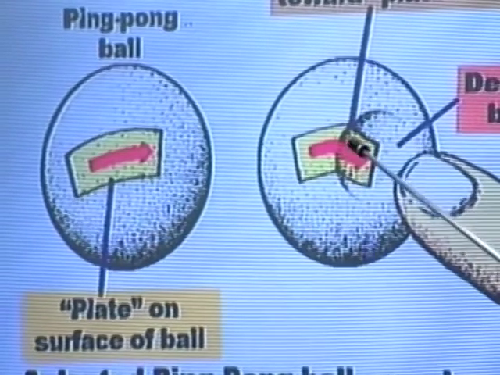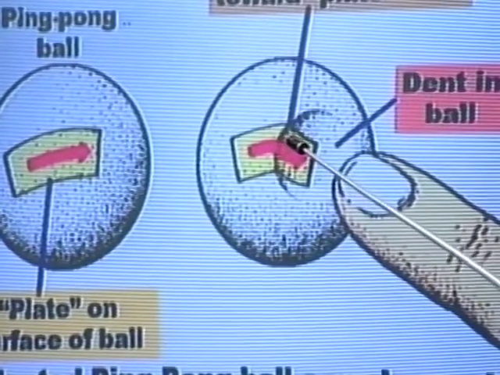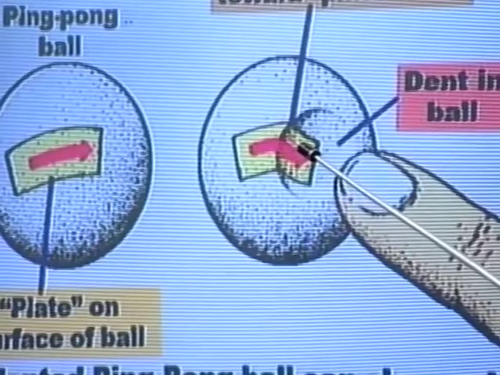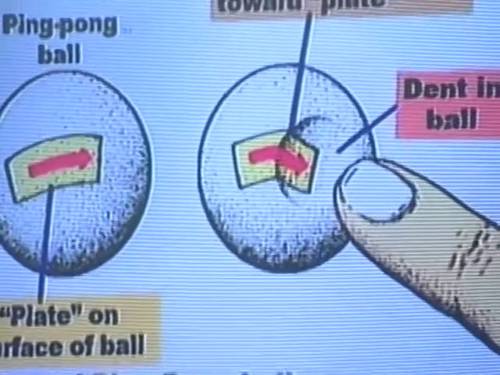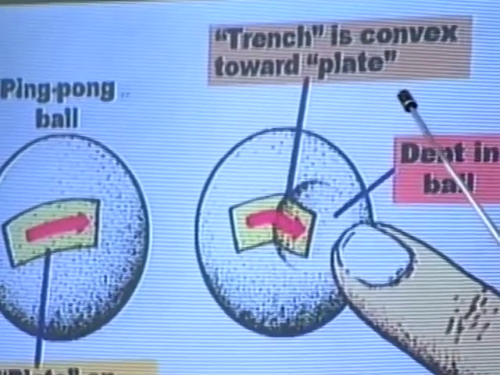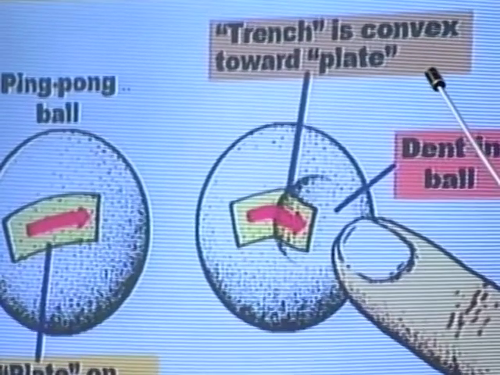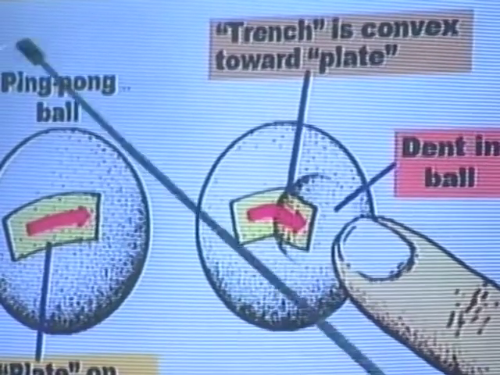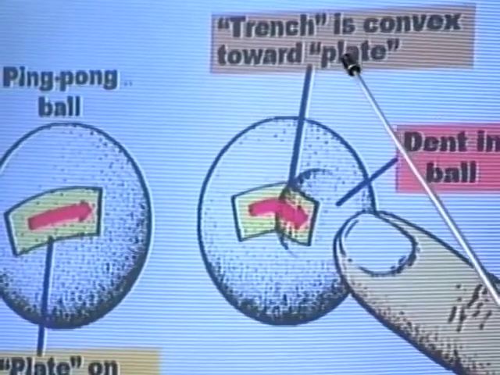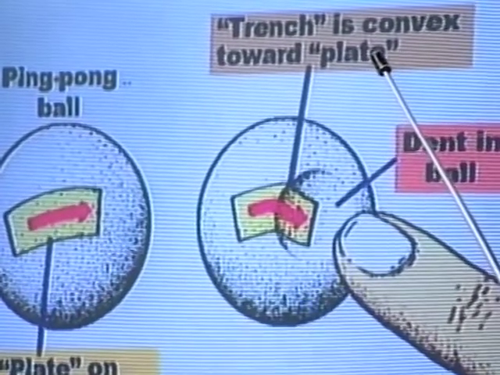When that bend is formed, or the dent in the ball creates that bend in the arrow you've constructed, that can represent a trench with a convex shape or slope, representing how a trench would look or be formed in reality when an oceanic plate is subducting.